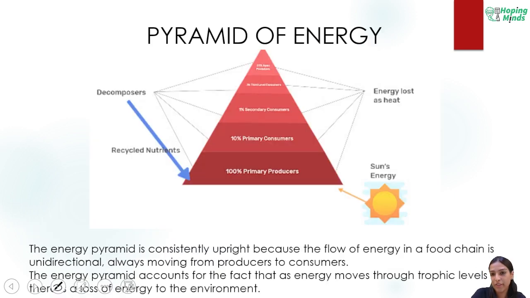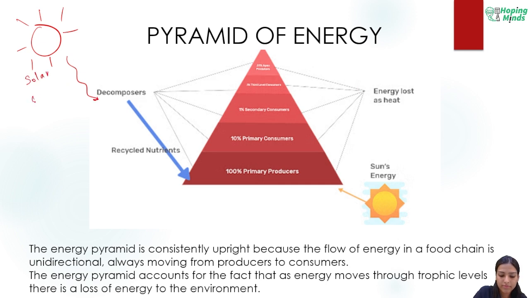Coming next to the pyramid of energy. Now, like we studied in the previous one, there's a sun that's giving solar energy, and this energy is being trapped by a plant, let's say, or a tree, right?